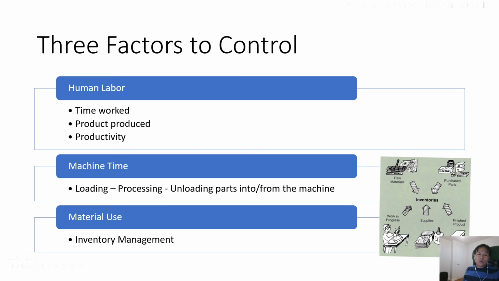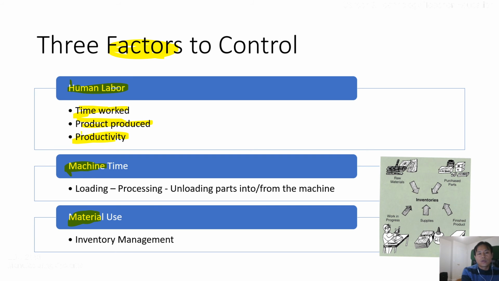And for controlling manufacturing system, there are 3 main factors, as I explained: human labor, machine, and material. So human, machine, and material. For the human labor, we need to manage their time worked, product produced, and productivity.